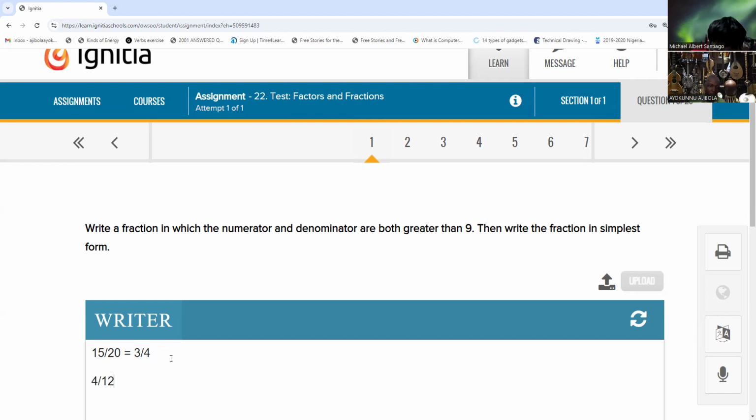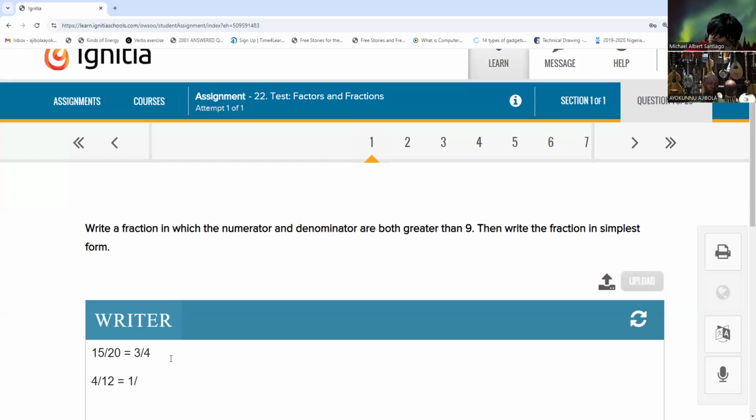Now, how can you reduce it to lowest term? You divide both of them by 4. Divide them by 4 and tell me your answer. You look for the common factor, the greatest common factor, which is 4. So what is 4 divided by 4? 4 divided by 4 is 1. Good.